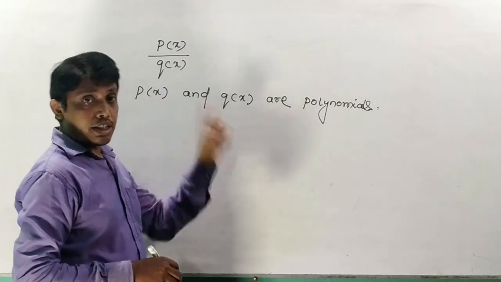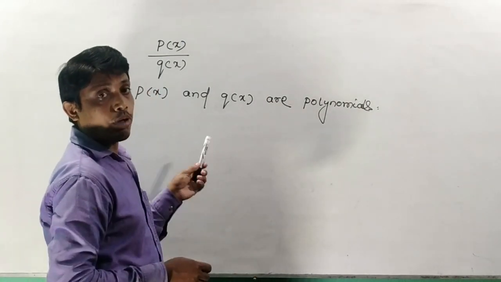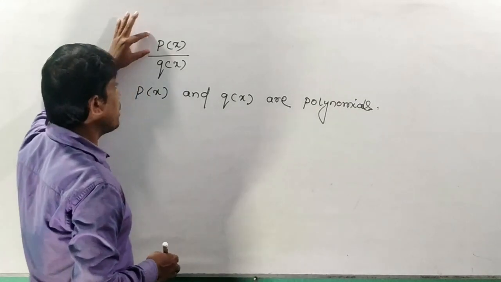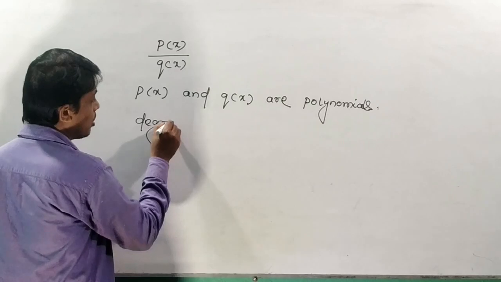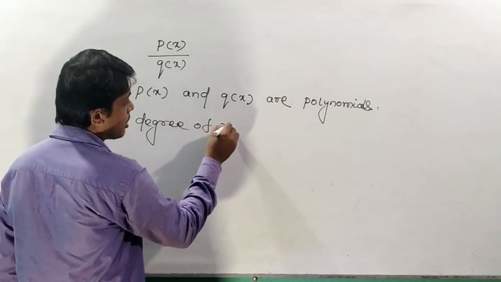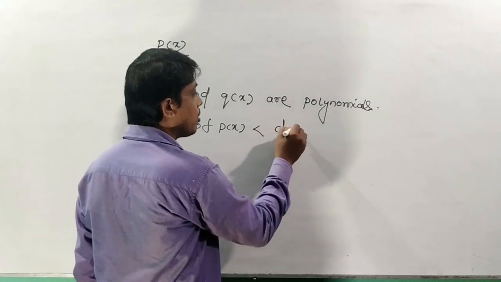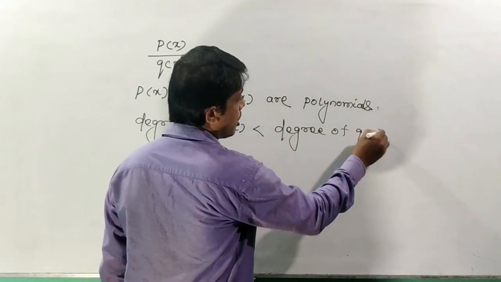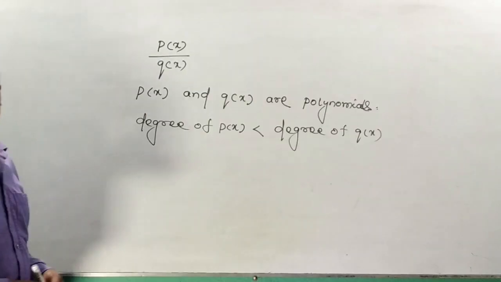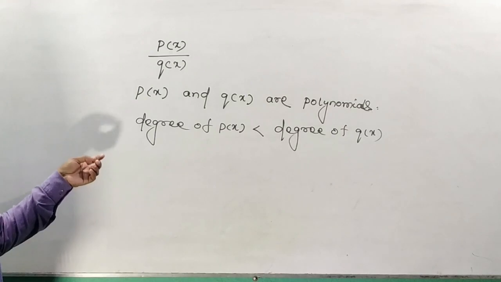And if this rational function is in proper form, what do you mean by proper form? The degree of p of x is less than the degree of q of x.